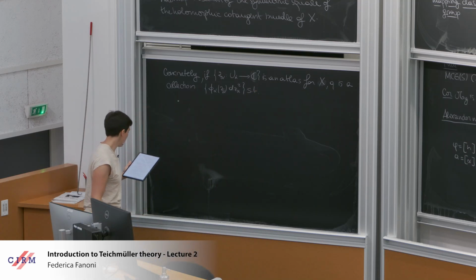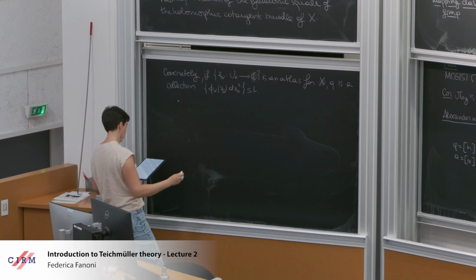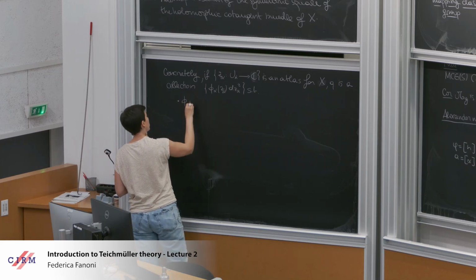The first one is that the maps phi alpha are holomorphic and have finitely many zeros.